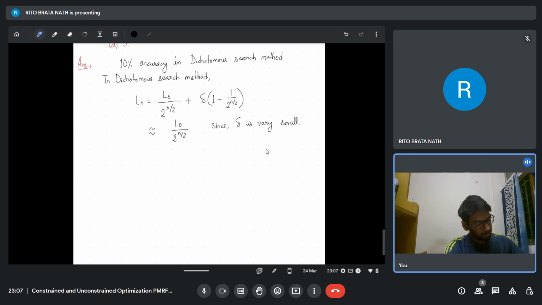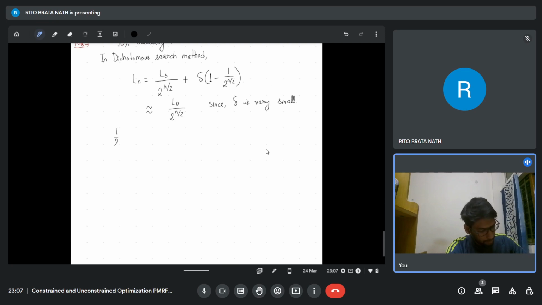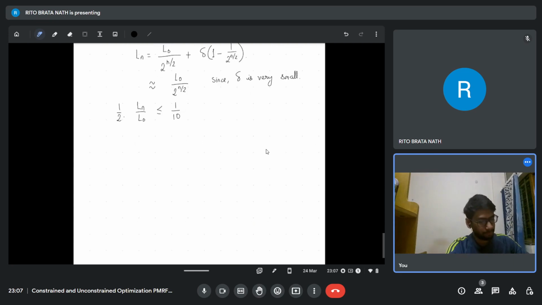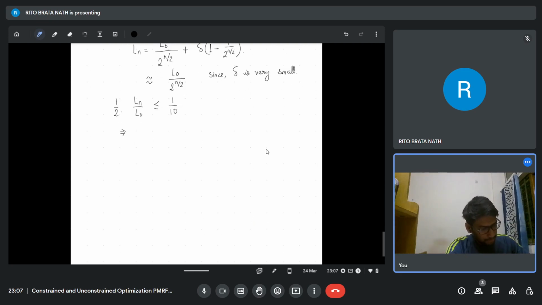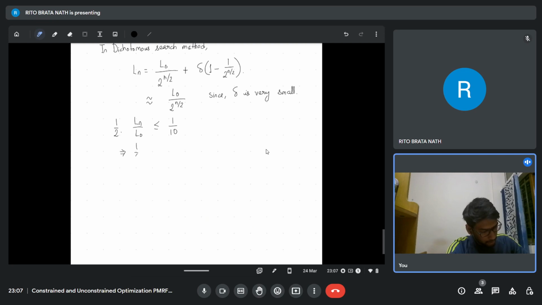Now, as before, what you will be having is half times ln by L naught less than 1 by 10. And this ln by L naught becomes 1 by 2 to the power n by 2, less than or equal to 1 by 10.